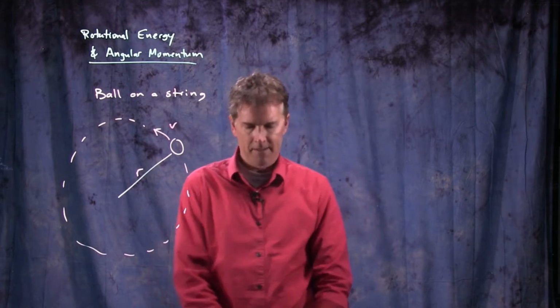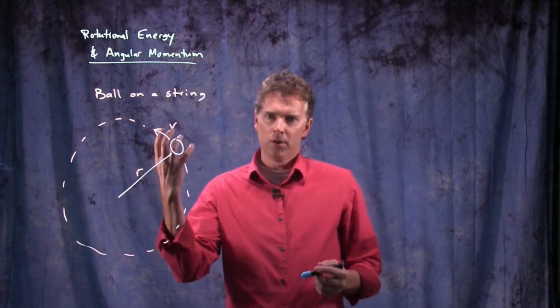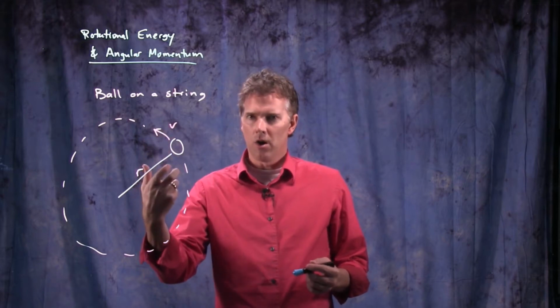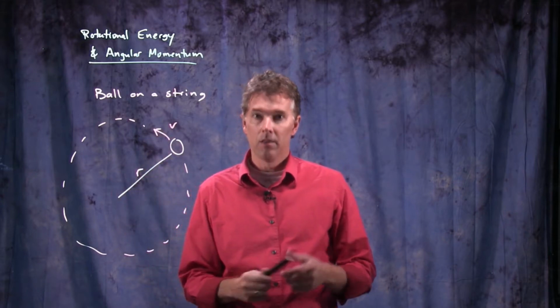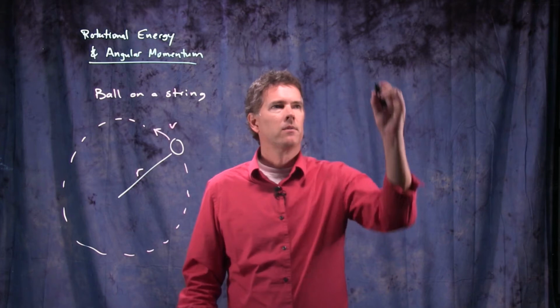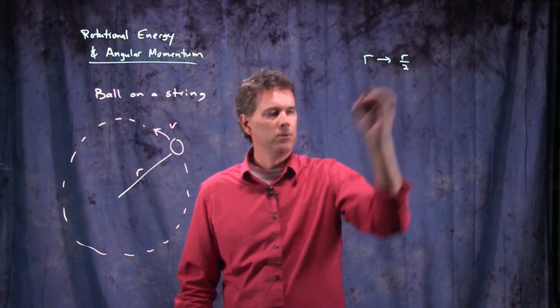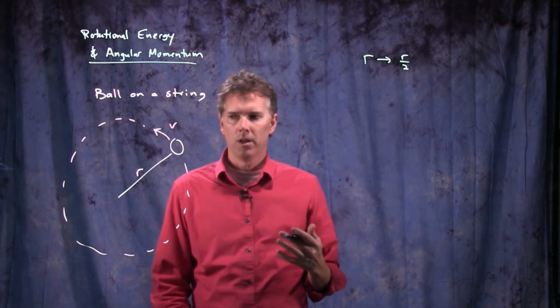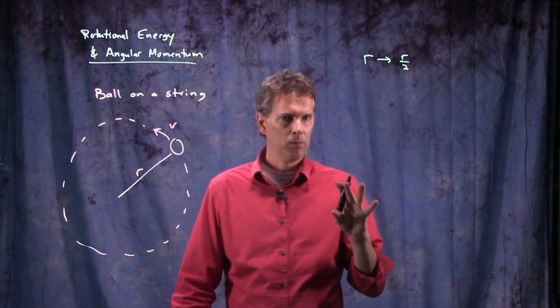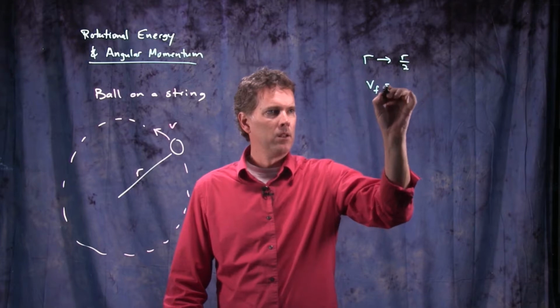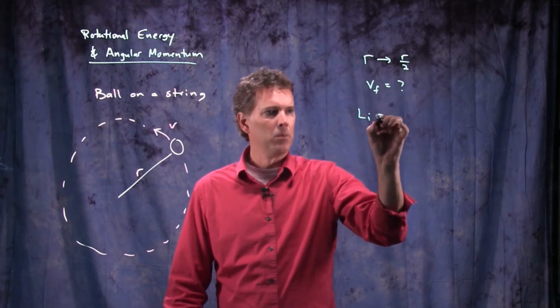What we saw last time was if we're going to shrink r to half its length, then the ball speeds up. Okay, so r going to r over 2, we figured out very quickly what the new speed was. And how did we do that? We just satisfied angular momentum.